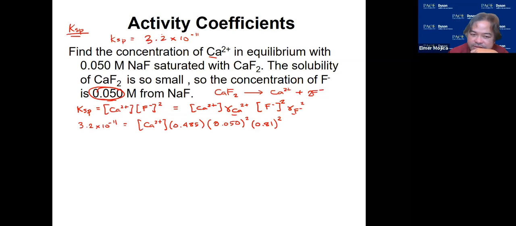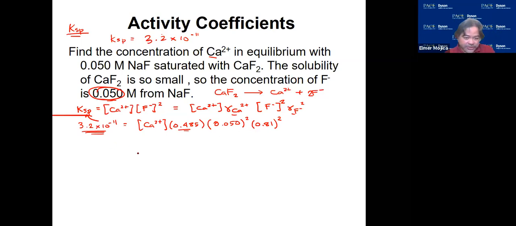Question? So where did I get this? That's the given Ksp. 0.485, that's the activity coefficient of calcium at ionic strength 0.05. 0.05, that's the concentration of your fluoride coming from sodium fluoride. And 0.81, that's the activity coefficient of fluoride.